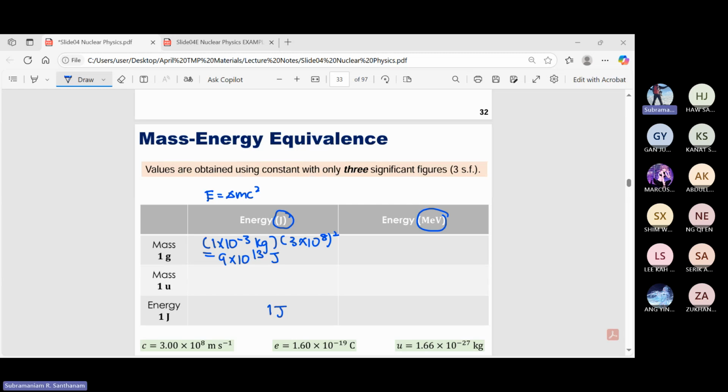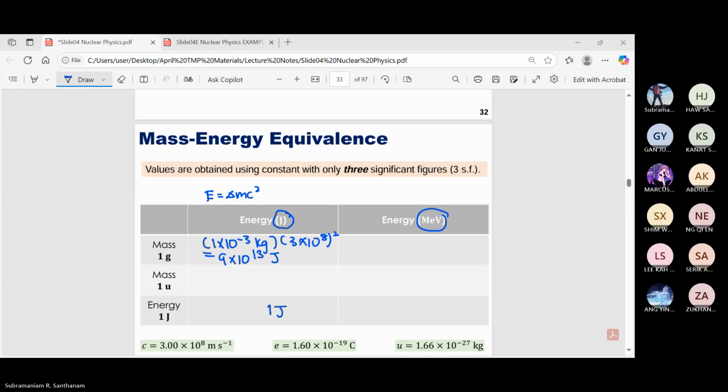So I balance. I have a mega electron volt on top, and I have substituted the values below. So now I need to solve this. This is 1.6 times 10 power of minus 13, so I have 1 MeV divided by 1.6 times 10 power of negative 13.